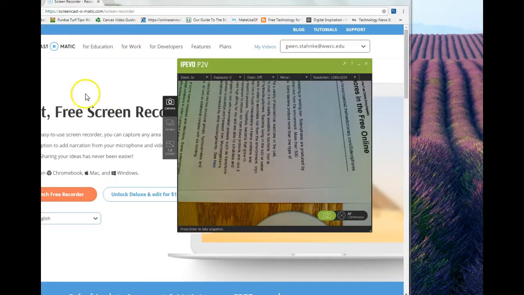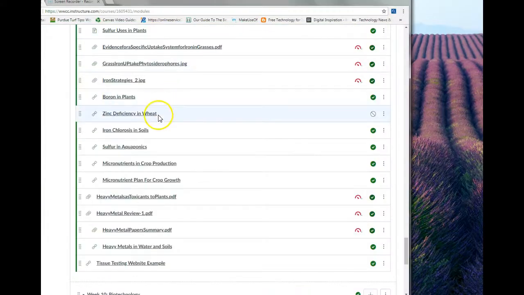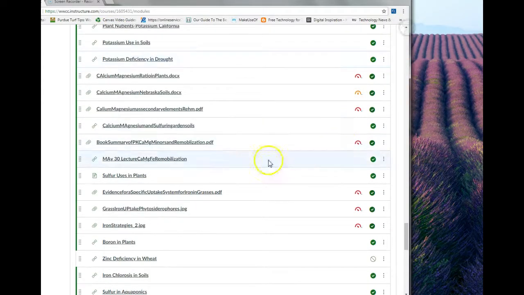Okay, the next thing I want to do, and I think I can get back into the module here. Oh, I'm trying to, there we go. Okay, so let's look at where we're at. I don't have the sulfur on there, but I'm going to go right to the sulfur uses in plants here.